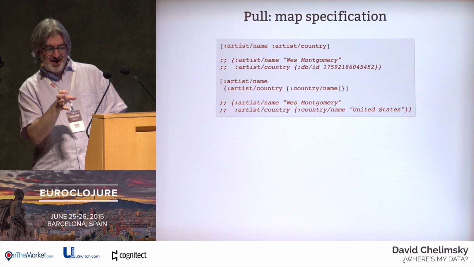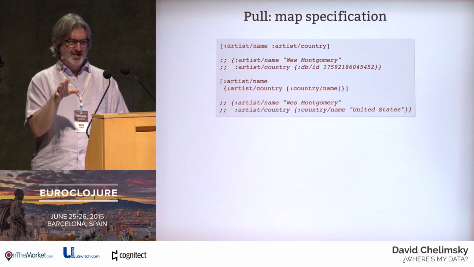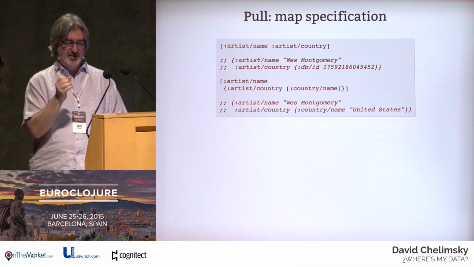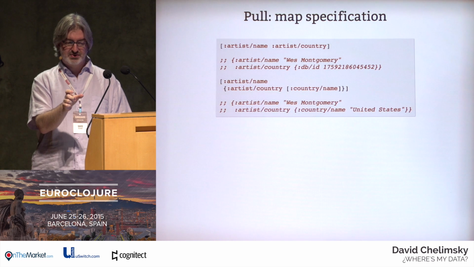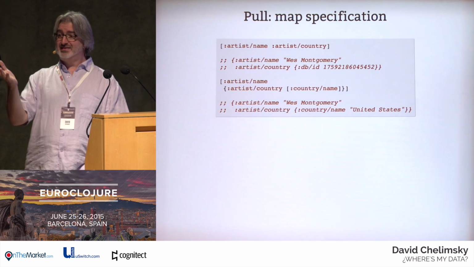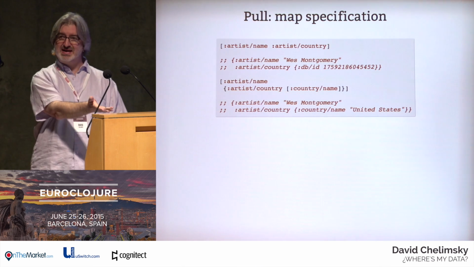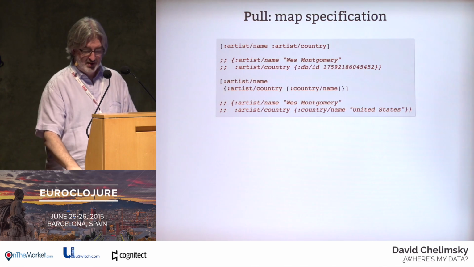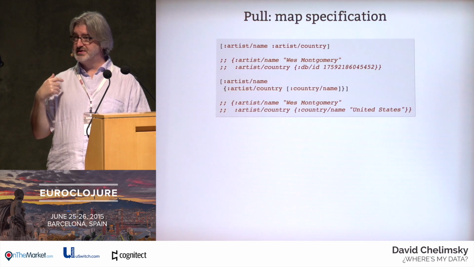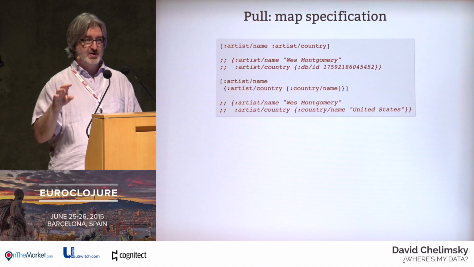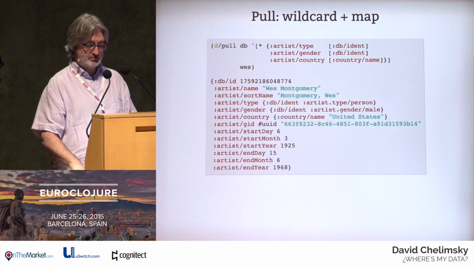And in this example, you can start to see the beauty of this API because the specification, artist name, and then the map of artist country pointing to country name, the results look exactly like that. So if you're looking at some code and trying to understand what it's going to give back to you, this is exactly what you're going to get, which is very different from when you're pulling back values using query and then cobbling them together into some data structure that you're looking for.